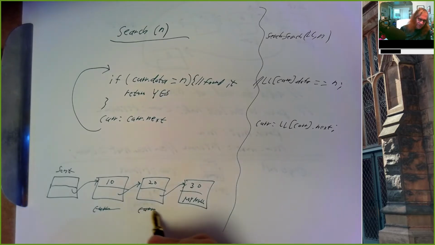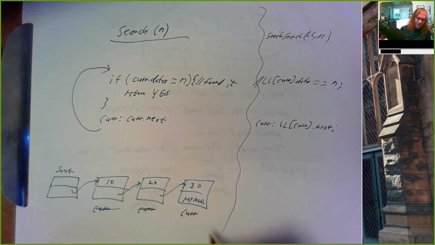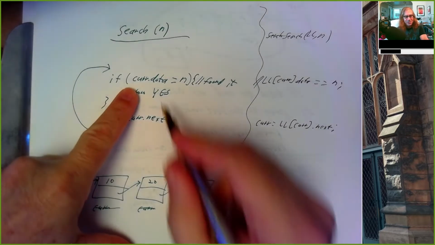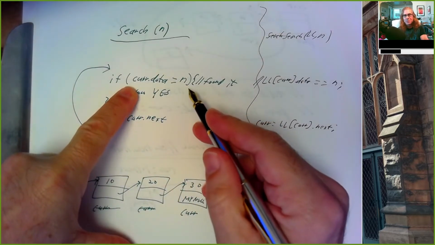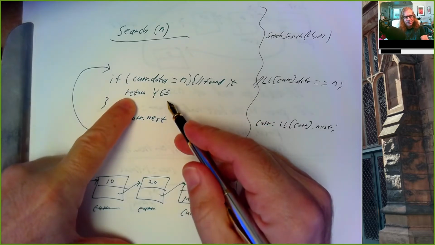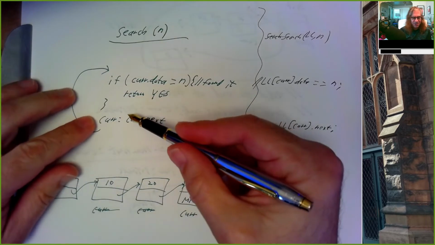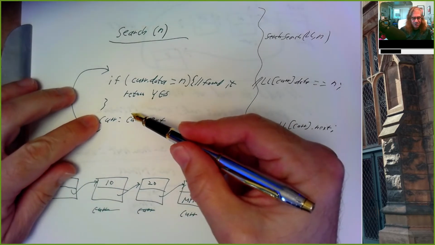Well, when current comes down to here, the last node of the list, it could be we're searching for a 30. So we still need to see if that node's data is equal to n. And if it is, return yes. All right. Now I could put a check right in here, which says, if current.next equals null, then return no.